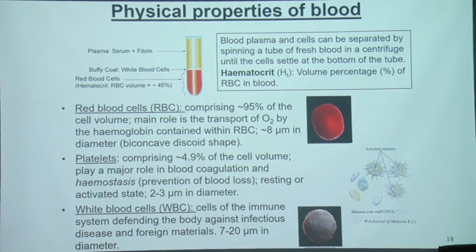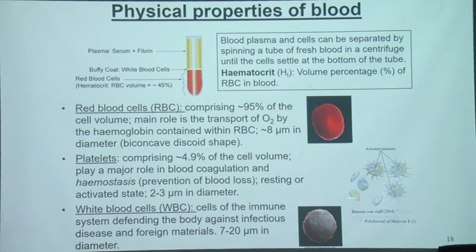The other cells are the platelets and the white blood cells. The platelets take up approximately the other 5% of the cell volume, and their main functions are in blood coagulation and hemostasis, so they're quite important. The shape depends on whether the platelet is in a resting or activated state.